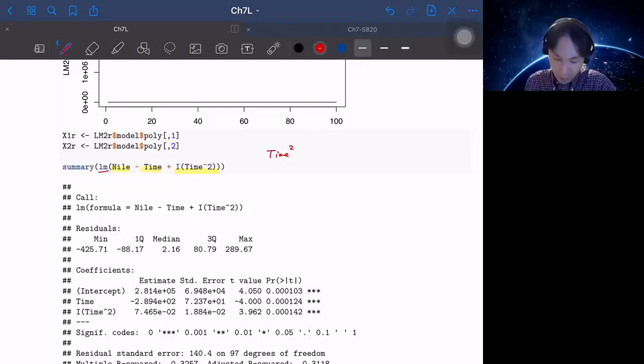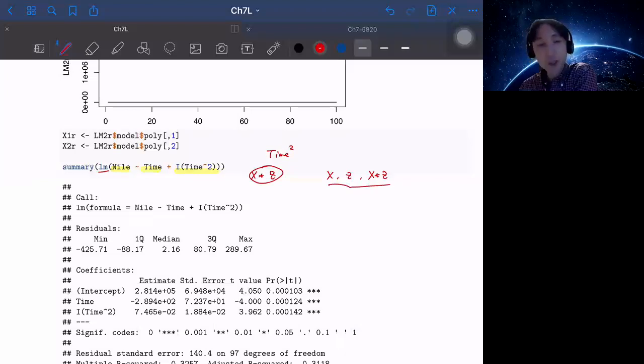And the reason is that actually the multiplication has a different meaning in the LM function. In the LM function, if you write x times z, this means the term of x and the term of z and the term of x times z. So we have the 3 terms. So probably they want to distinguish these two. So x times z in the LM function means these 3 terms, the 3 predictors.